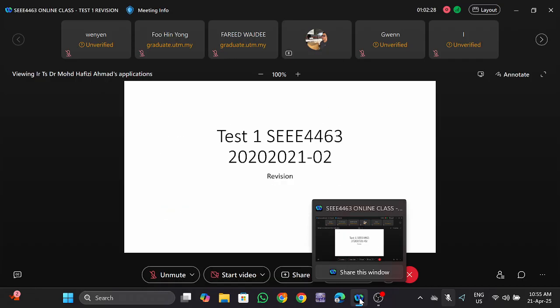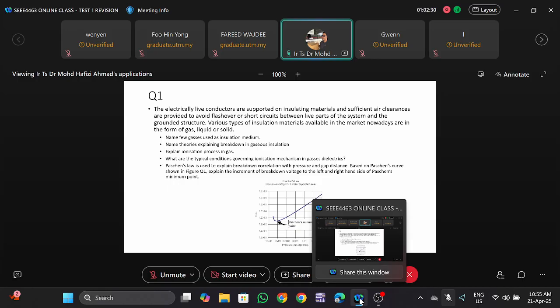All right, I have some more. This is last questions. So last question is on theories of Paschen's law, right? So basically, you might see that we have name of few gases in the insulation medium such as SF6, right?